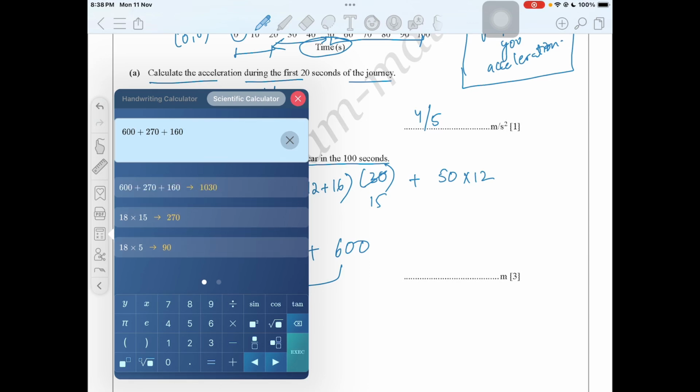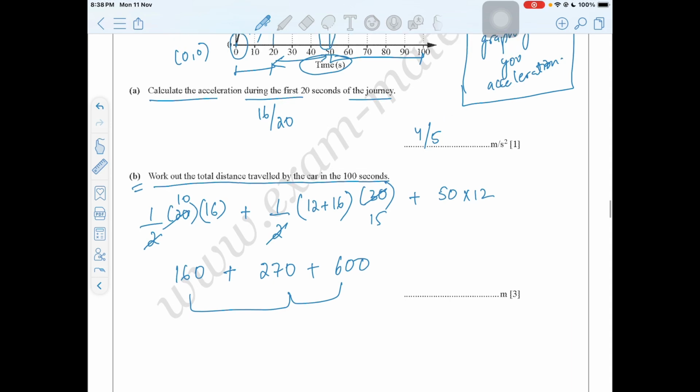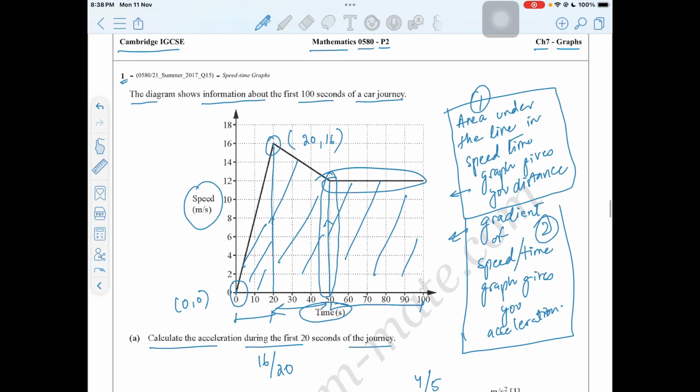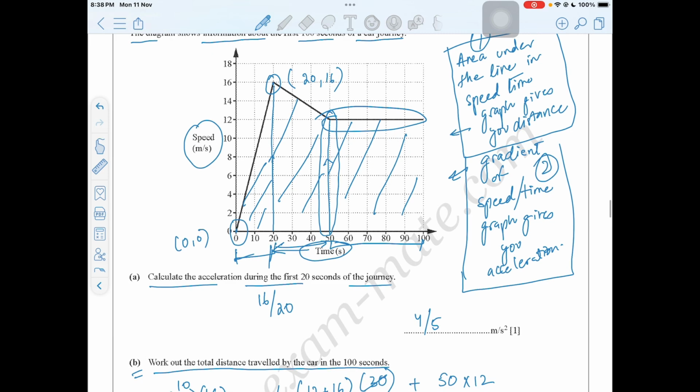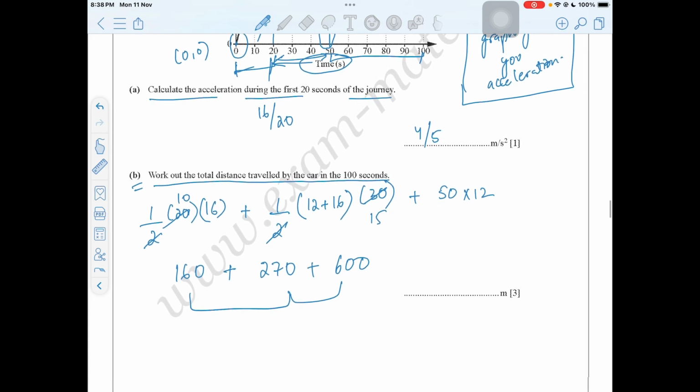I think we made a mistake over here. So this is basically 20 and we have our height as 30. We have this as 16 and this as 12. Oh, sorry, this isn't 18, this is 28.